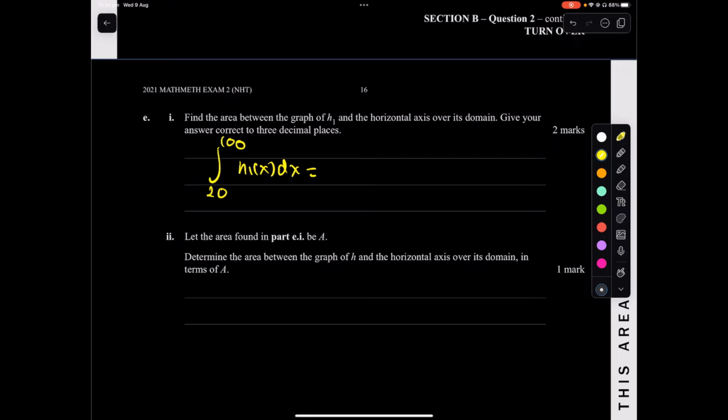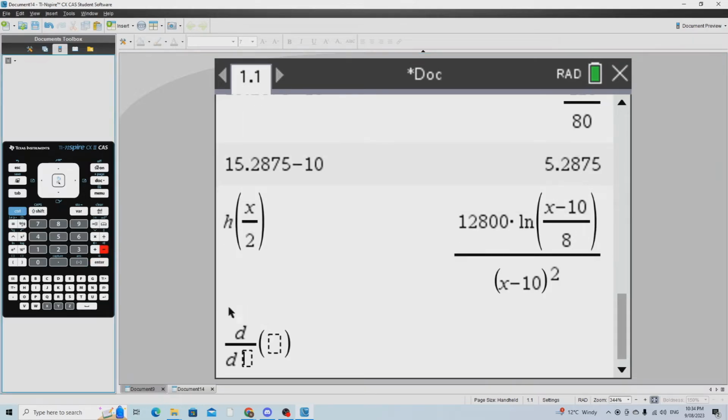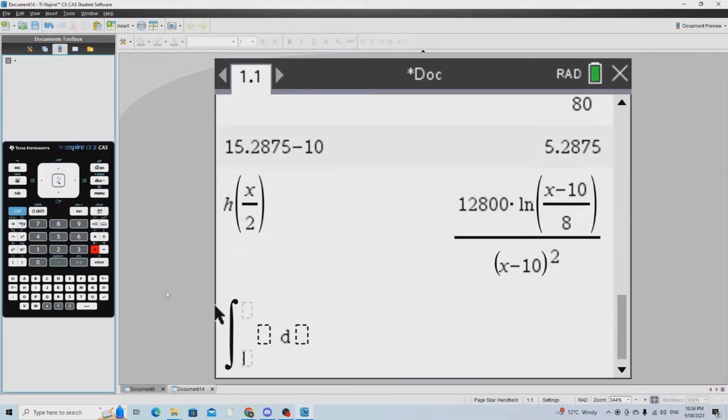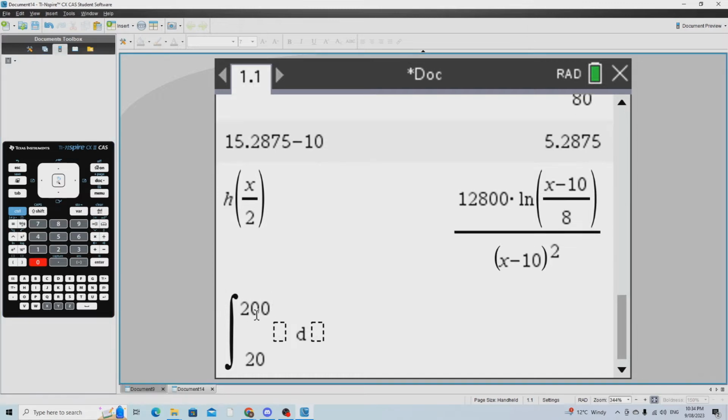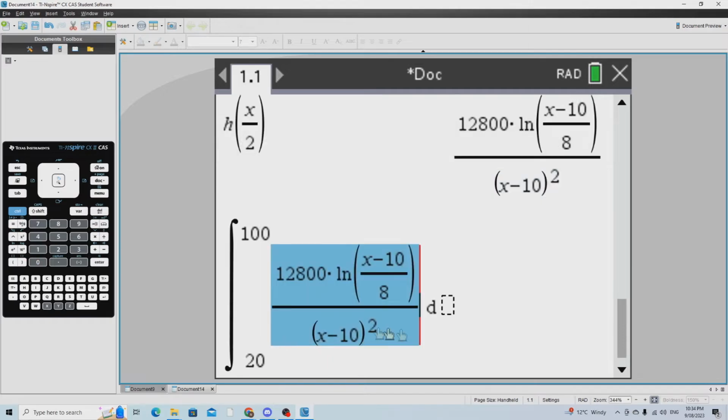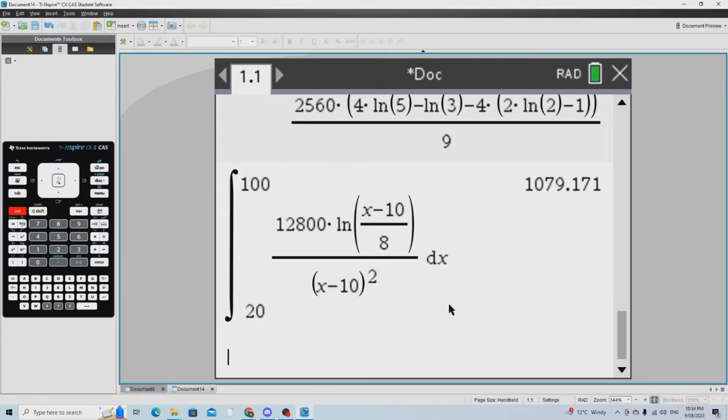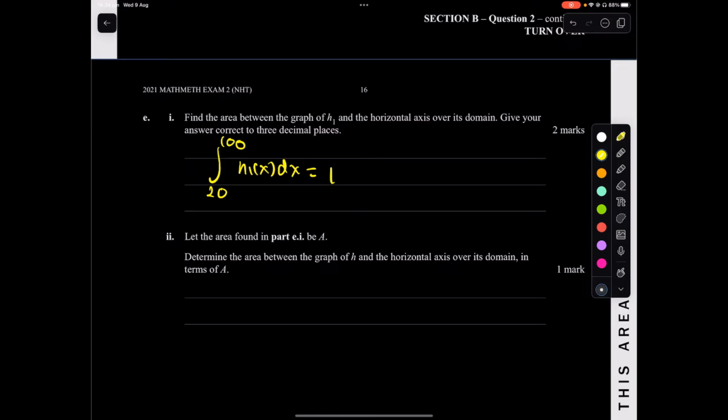So, integral of 20 to 100 of this function over here, dx, that's, to 3 decimal places, 171. Yep, units squared.